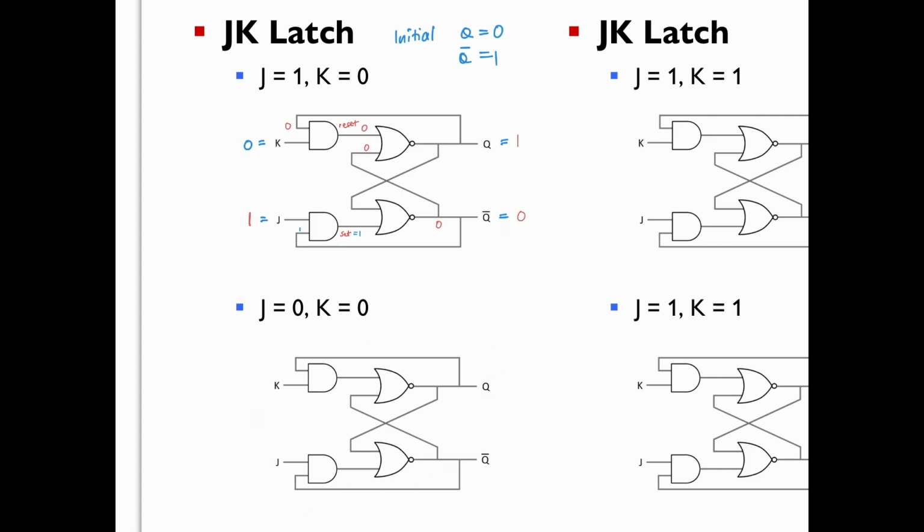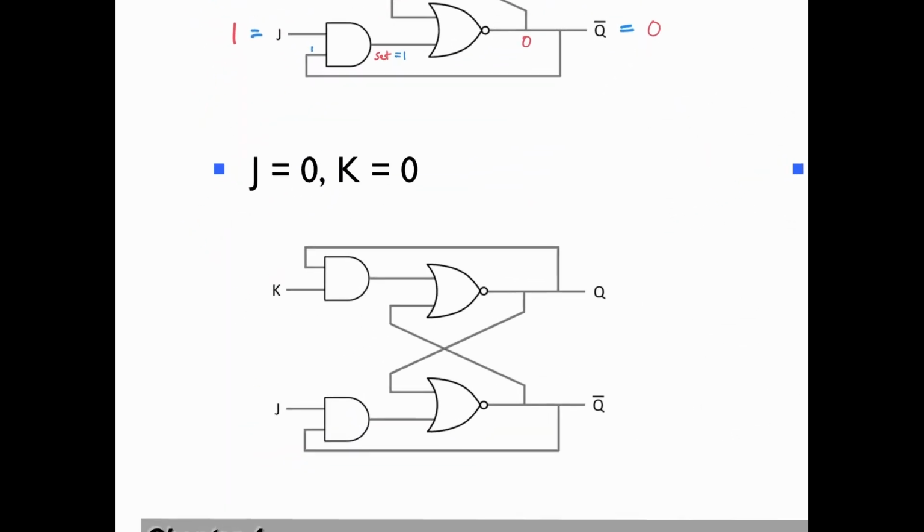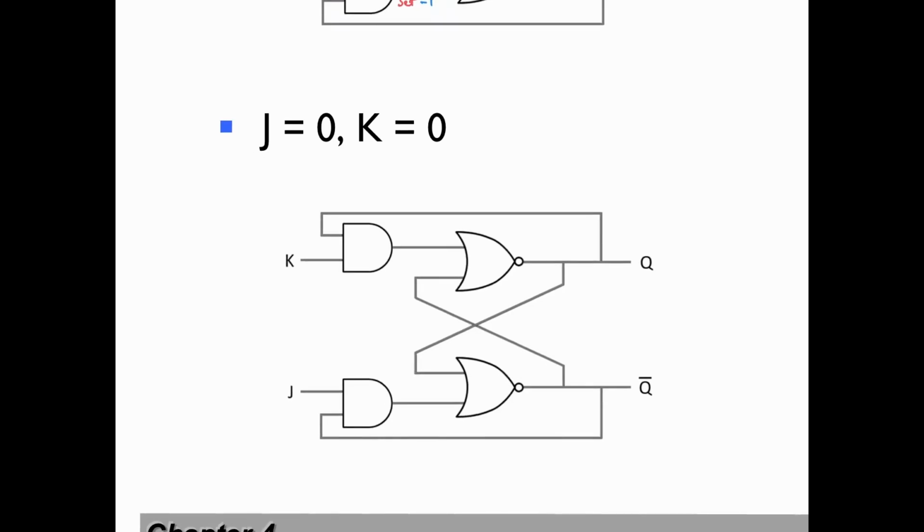Now, when J equals 0, just now we set the Q to be a 1 and Q bar to be a 0. So now imagine that both J equals 0 and K equals 0, so this is equal to 0, this is equal to 0. Let's take a look at what will happen here.